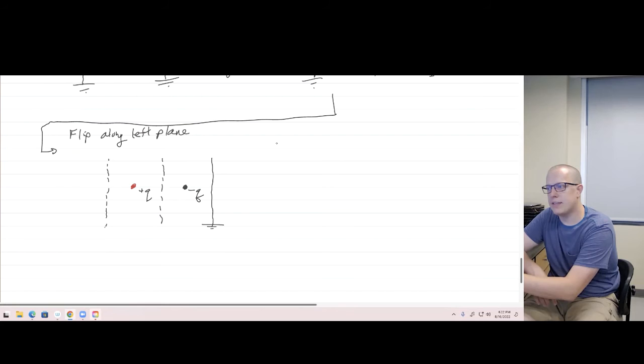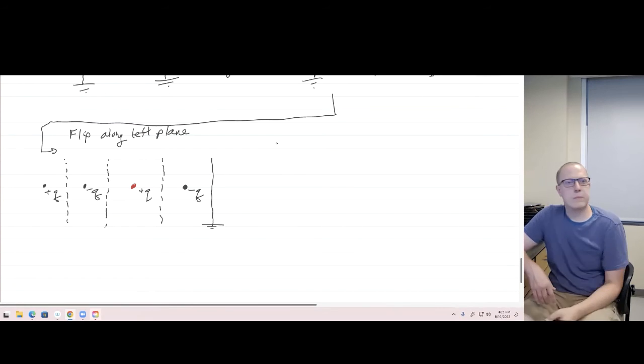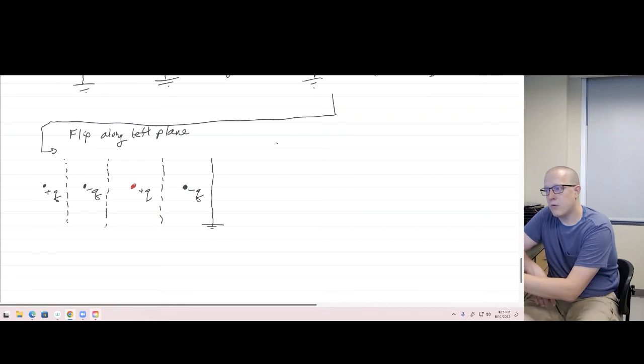And the first thing on this side is the opposite of the red. So I get a charge right here, and that's negative Q, because that's the opposite of the red charge. But then a little further away, there's this negative Q, and that has to get flipped. And so that jumps all the way over here, somewhere there. And that is going to be the opposite of this one, so that's going to be plus Q. And then finally, since we're mirroring it along this left plane, we also have this grounded plane that moves all the way down as well.